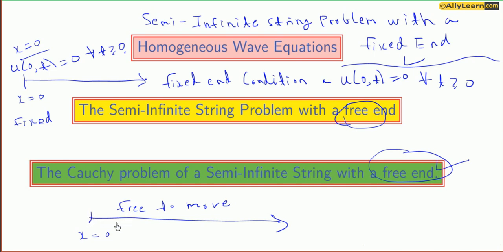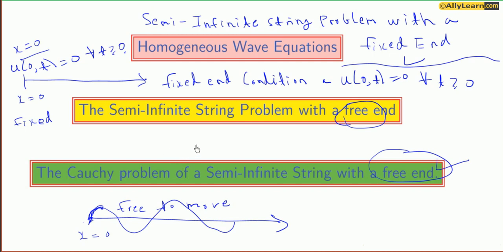That is, when this string undergoes vibrations, even the particles at this end x equal to 0 will be undergoing displacement. So the particles here will be displaced from their mean positions. So this is what we mean by the free end condition, that is, this end is free to move.